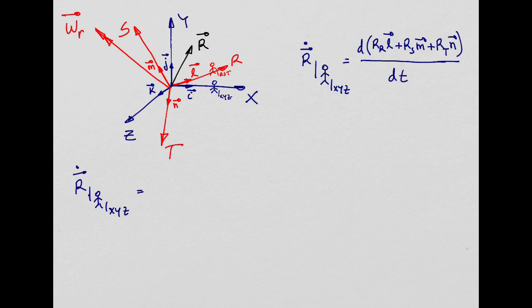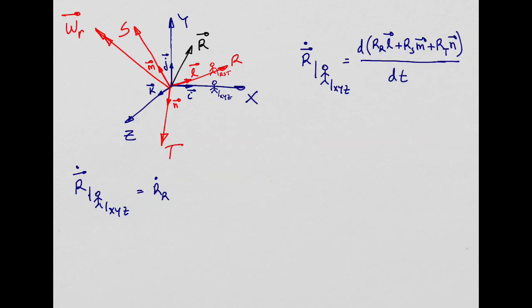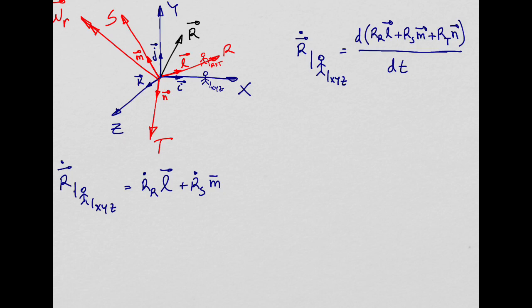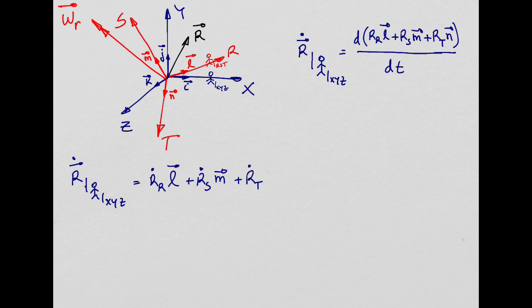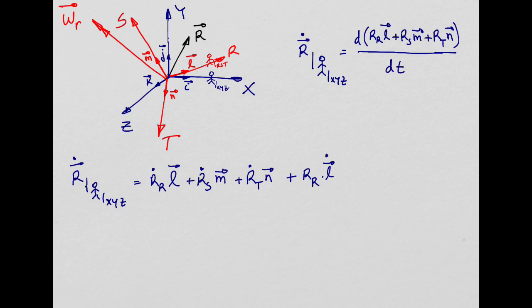So I will have r dot times L plus rs dot times m plus rt dot times n, plus r times L dot, which is not 0 now, plus rs times m dot plus rt times n dot.